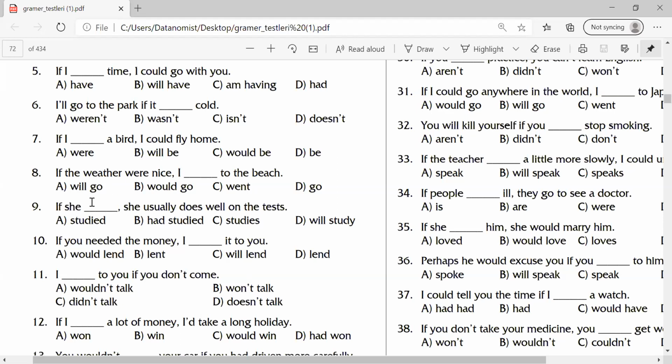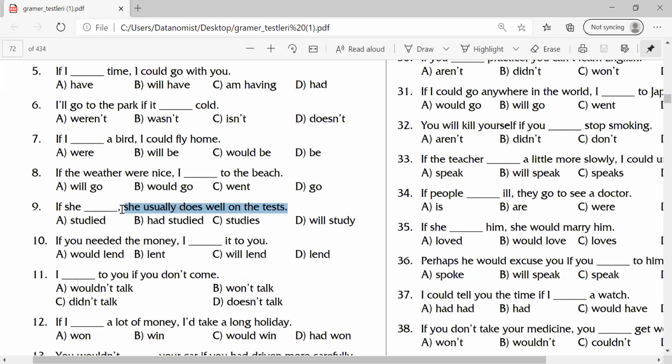If she dash, she usually does well on the tests. Remember, if you know primary is future, then this is present.